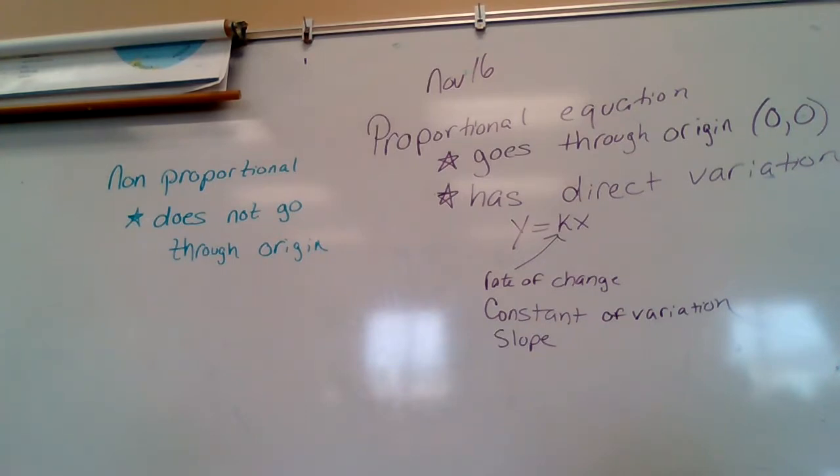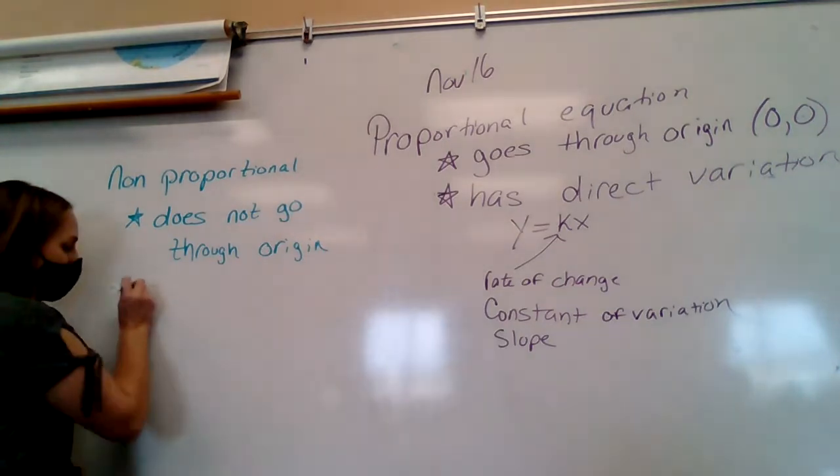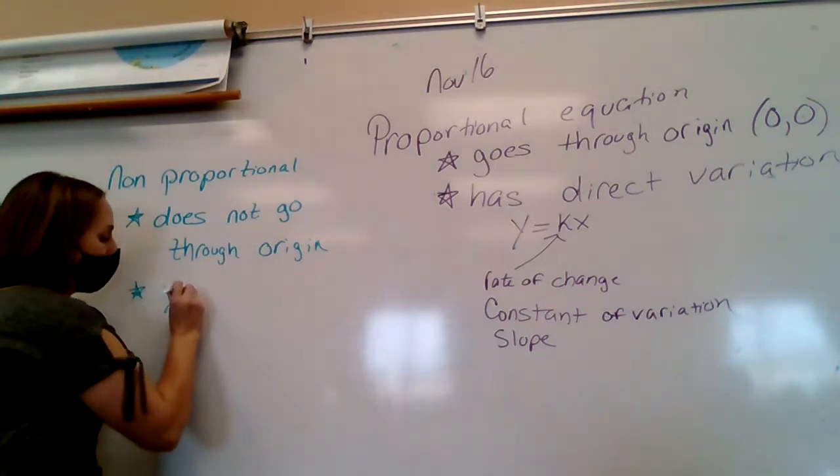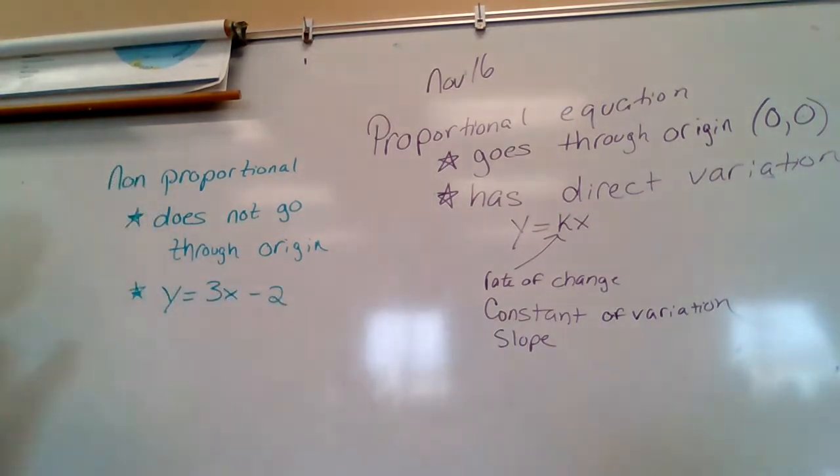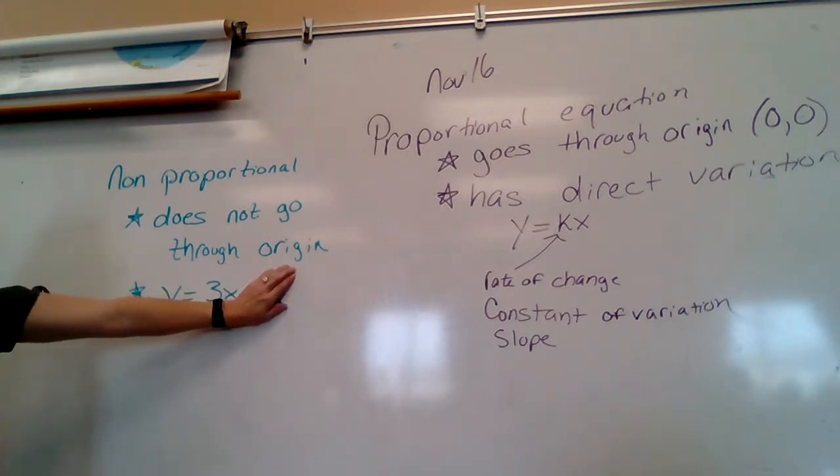Oh, so it starts at like 1? Yeah. So an example might be y equals 3x minus 2. If it was y equals 3x, that would be a direct variation, a proportional equation.